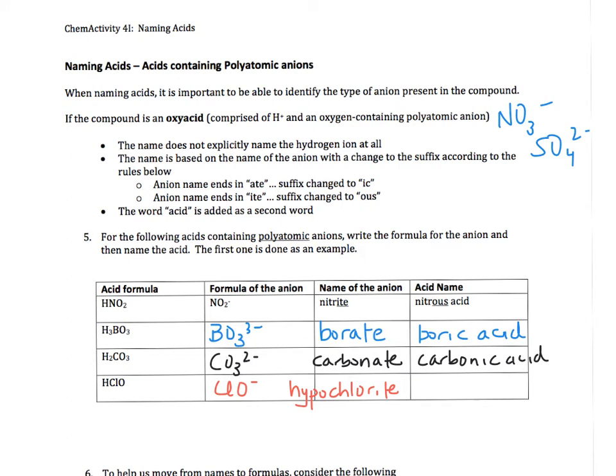Now remember, if we have an anion that ends in ITE, we change the suffix to OUS. Everything else we leave the same. So this is going to be hypochlorous acid. So in other words, this compound, which is the acid, has the name hypochlorous acid.